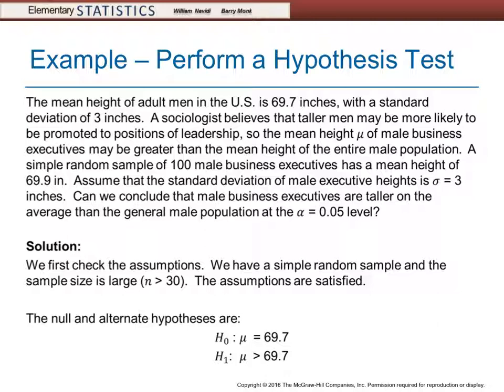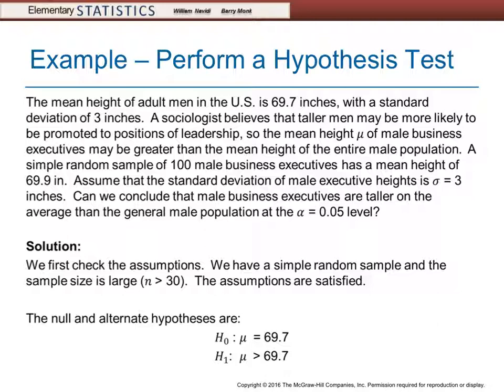A simple random sample of 100 male business executives has a mean height of 69.9 inches. Assume that the standard deviation of male executive heights is sigma equals 3 inches. Can we conclude that male business executives are taller on average than the general population at the alpha equals 5% significance level?